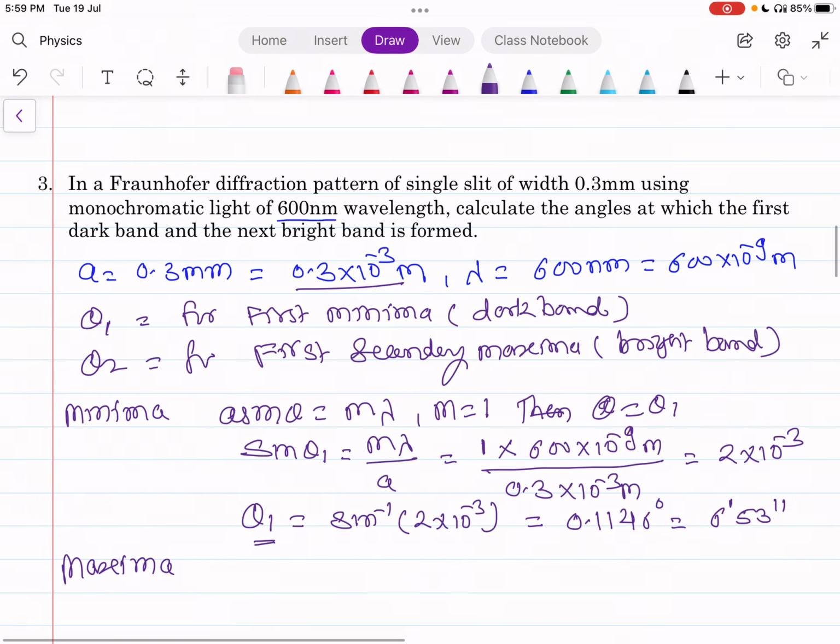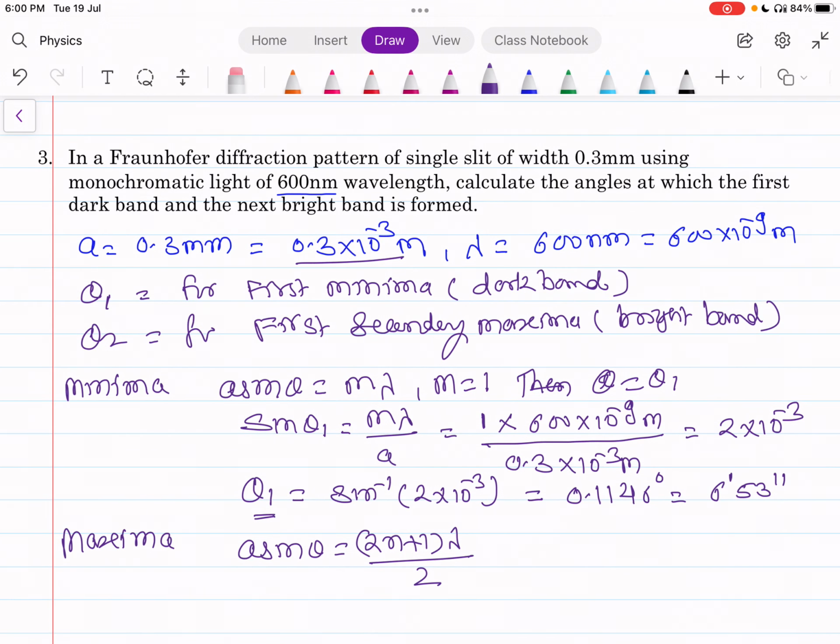Then for maxima the equation is a sine theta is equal to (2n plus 1) lambda by 2. In this case, n equals 1 and theta is equal to theta 2. Therefore, sine theta 2 is equal to, with n equals 1, 3 lambda upon 2a.